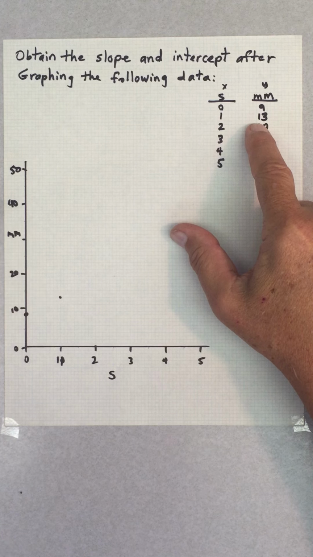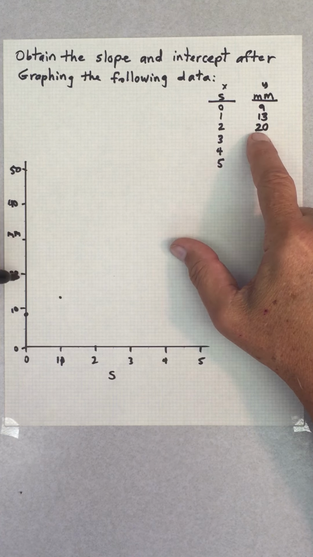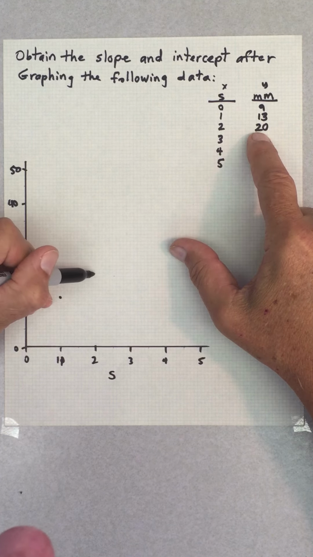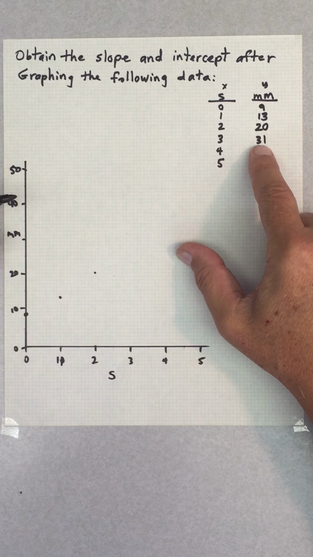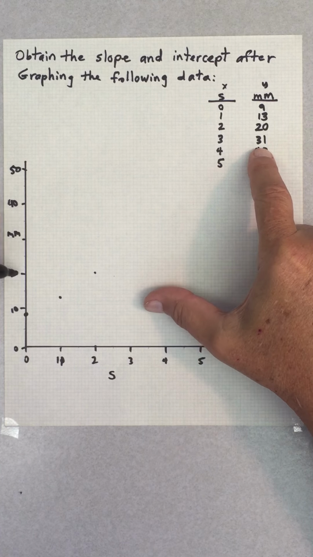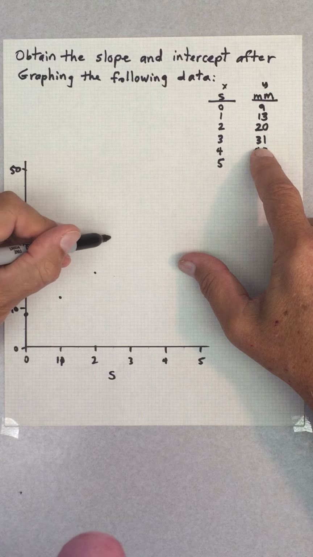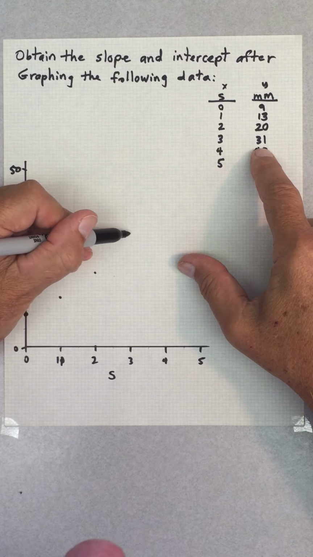When x is 2, then I have 20, so 20 would be here and about right there. Then 3 would be 31. So here's 31 over here, so 3 is about right there.